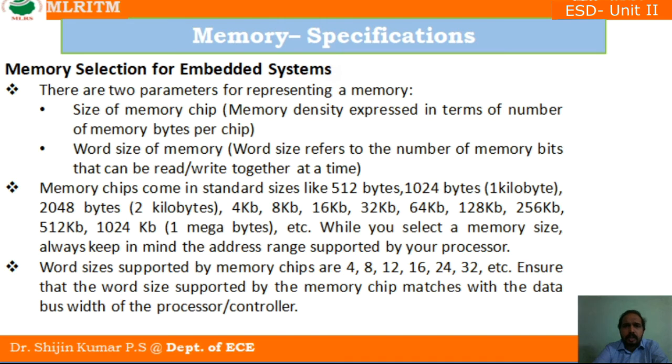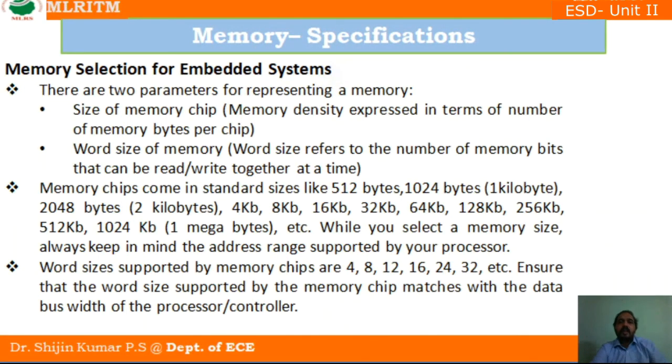Okay, so it will always be the power of 2. Okay, so 4 KB, 8 KB, 16 KB, 32 KB, 64 KB, 128 KB, 256 KB, 512 KB, 1 MB. So like that we will say that is the size of the memory chip.